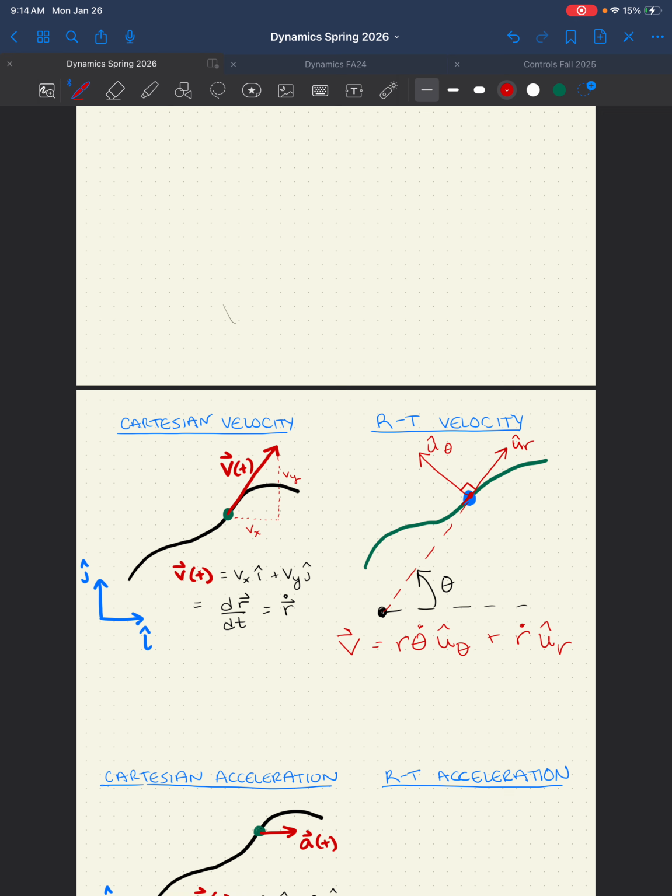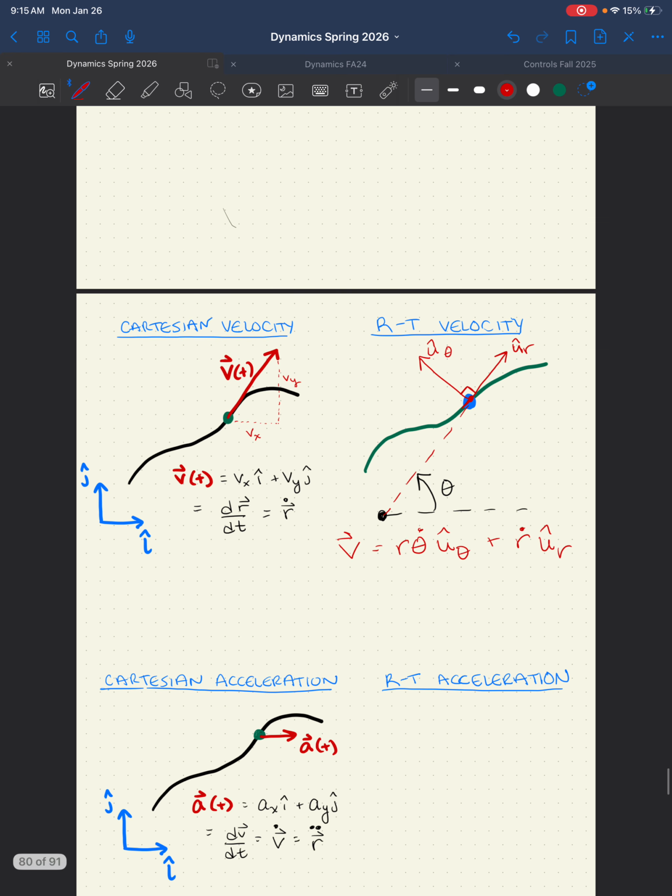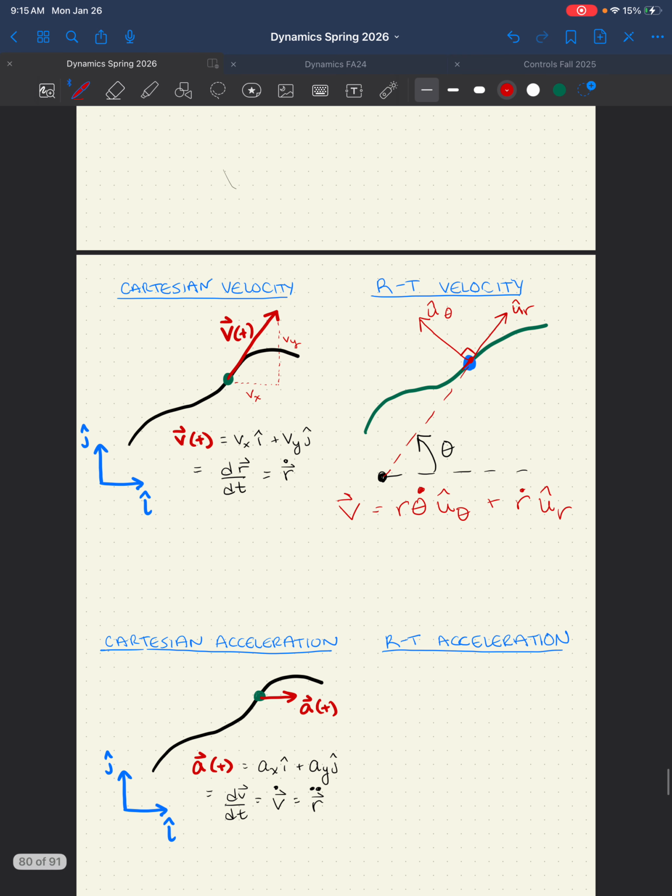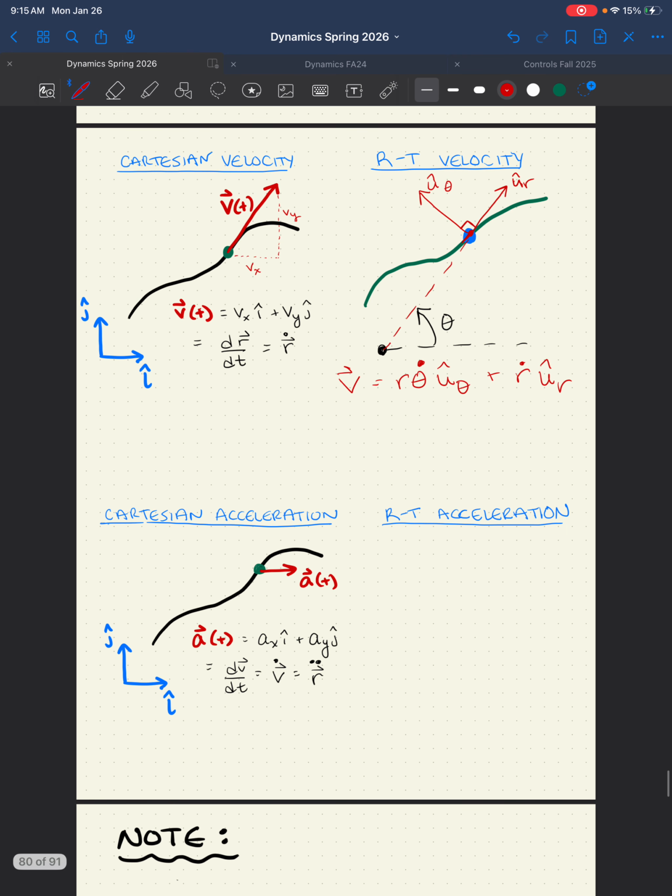And I believe in class I reminded you that my recommendation is for you to go ahead and print out those equation sheets that are on Canvas and have those with you every time you do your homework, so that you can practice interpreting the equation sheet, knowing where the important equations are, so that you're just super well practiced with using that equation sheet by the time you need to use it on an exam. So now is a really great time to start doing that.